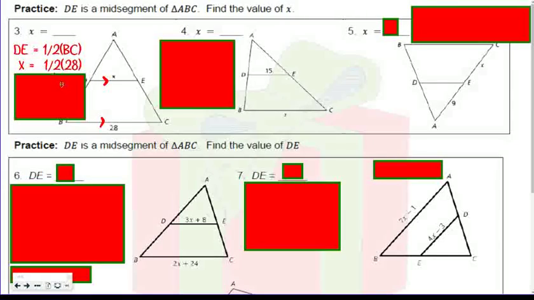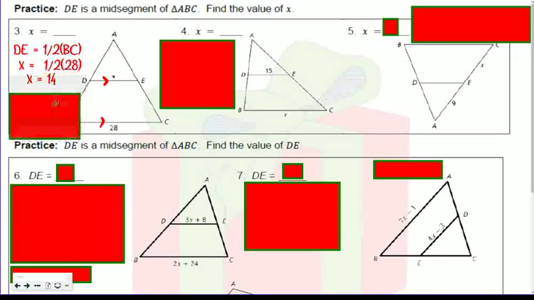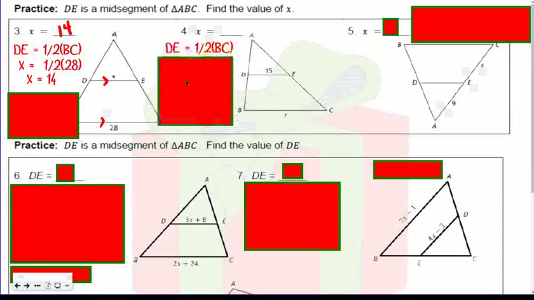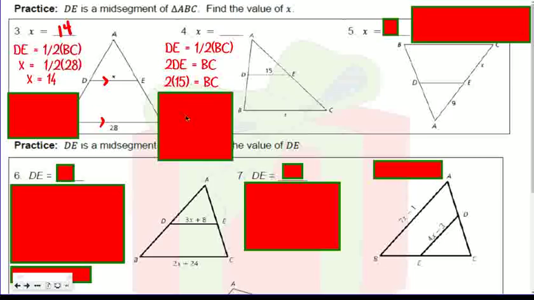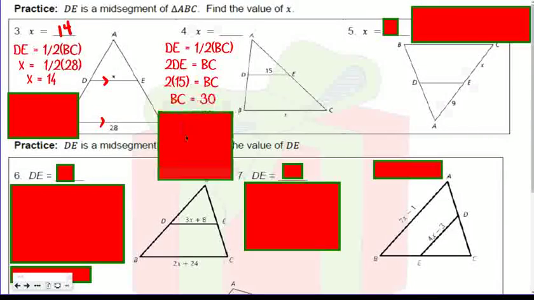So X is 1/2 of 28, therefore X is 14. Same concept: if DE is half of BC and 2 DEs equal 1 BC, then 2 times 15 equals BC, so BC is 30.